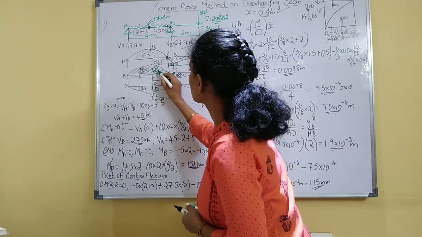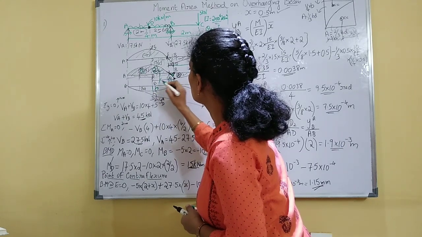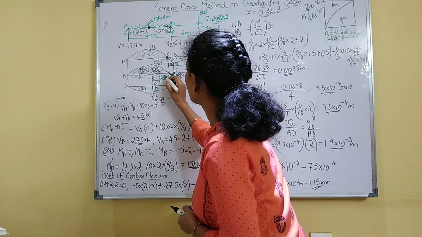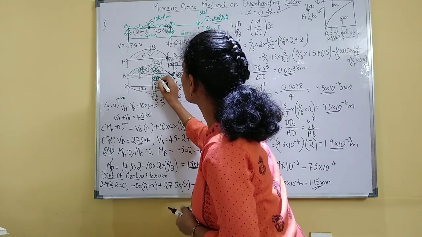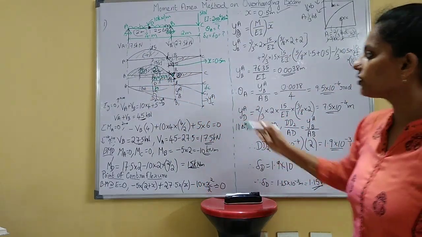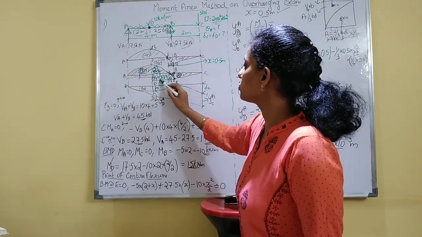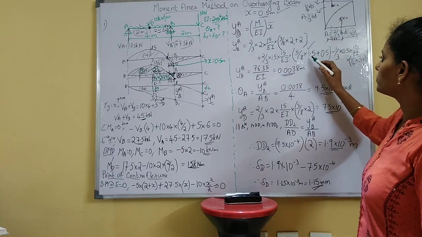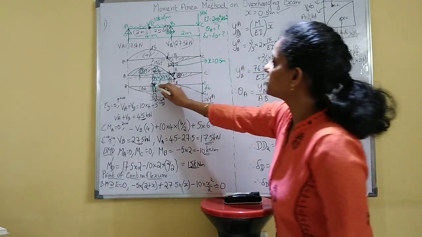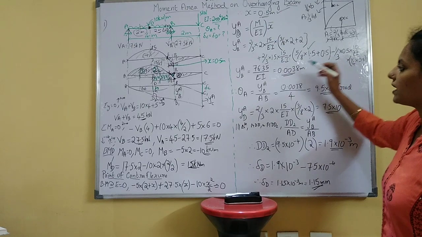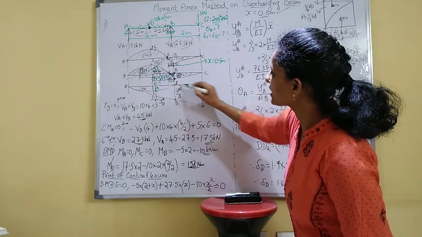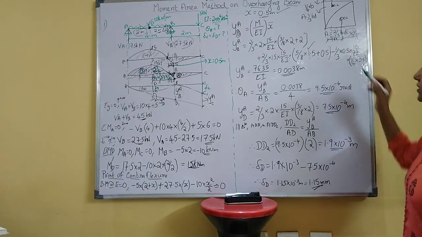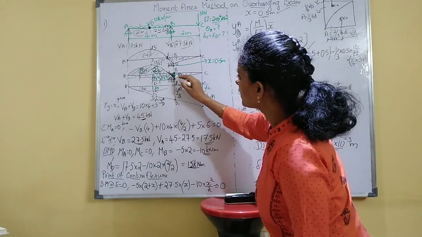The centroidal distance will be somewhere here. At this end you will have 5/8 of B, and here 3/8 of B. We want the one nearer to B, which is 5/8 of B. B is the distance 1.5, plus you have to consider up to B, so this x value is 0.5. So plus 0.5.